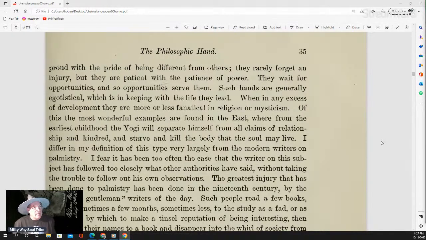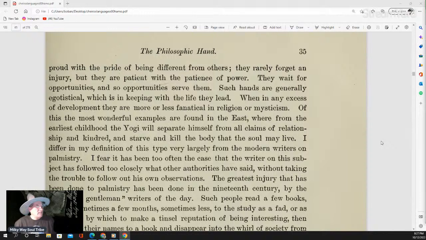When in any excess of development, they are more or less fantastical in religion or mysticism. Of this, the most wonderful examples are found in the East, where from earliest childhood the yogi will separate himself from all claims of relationship and kindred and starve and kill the body that the soul may live.